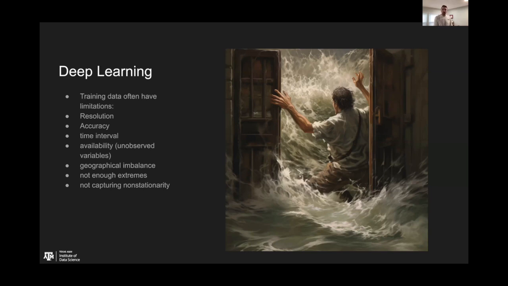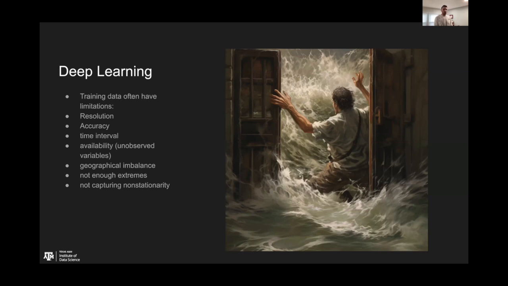So if you have climate change happening and there are flood events that haven't ever been recorded, then your deep learning algorithm may not be able to predict them because it doesn't understand how to scale past what it's seen before. And the last thing is capturing the non-stationarity of the data.